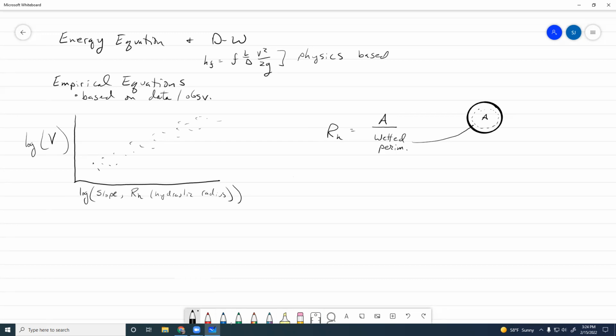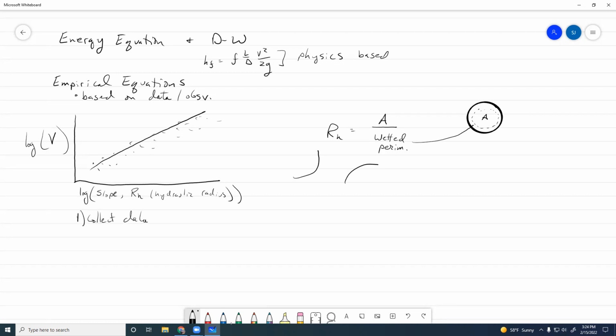So in reality, this relationship might look like that, or like that, or something like that. If we take the logs of them, then in log-log space, often we have a straight relationship, so you can fit a straight line to those data. And by doing so, we can back calculate the slope or exponent of this line, and the intercept. So coefficients, essentially.